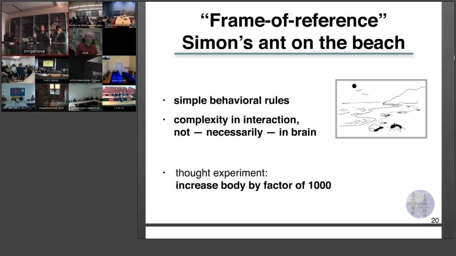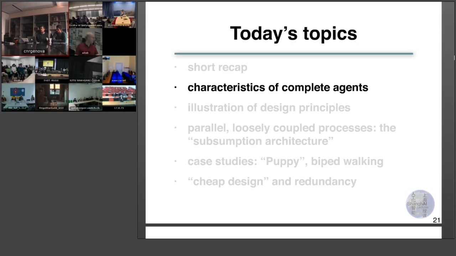But if you do this thought experiment and you multiply the dimension 100 times or 1,000 times or even more, the ants will stop behaving as you are used to seeing ants behave. So the point is that we have to consider the characteristics of complete agents.